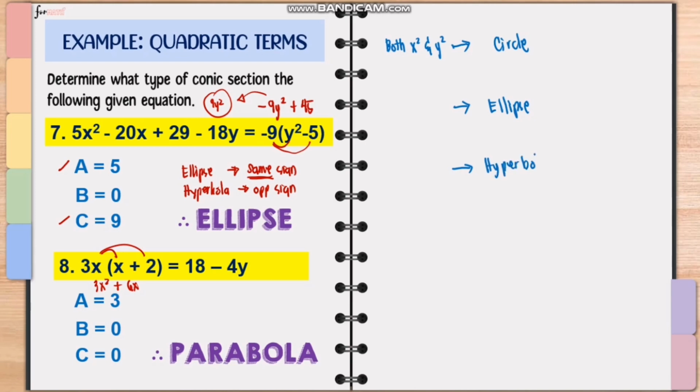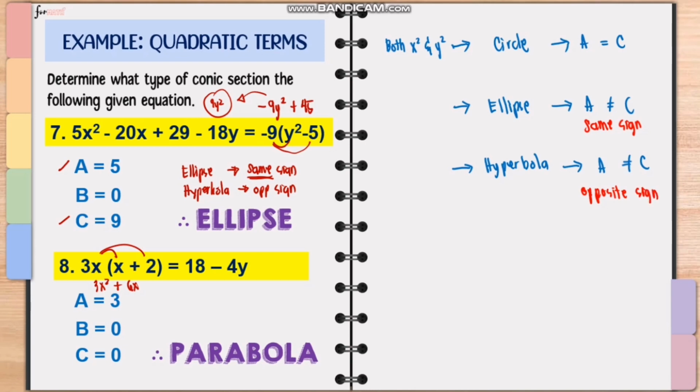Okay? Circle siya kapag ang value ng A and C natin ay equal. Kapag ellipse naman, si A and C are not equal. And hyper naman, pareho lang kay ellipse. Since pareho ang ellipse and hyper, paano natin siya ma-identify? Ellipse siya kapag same sign yung ating A and C. And then opposite sign kapag hyper.